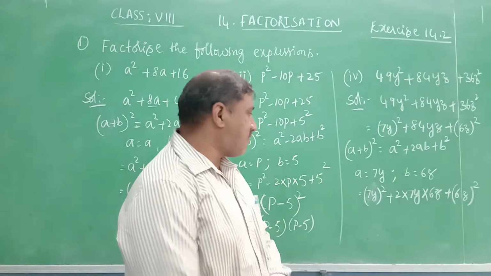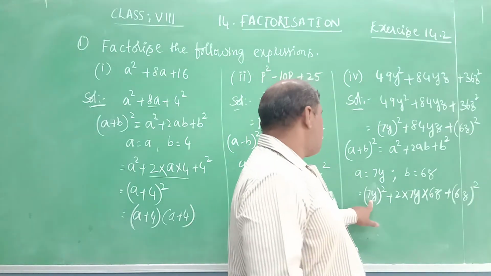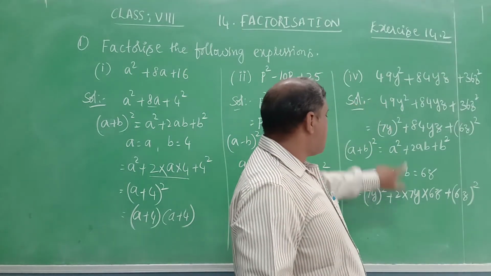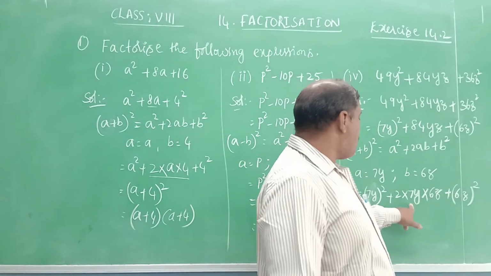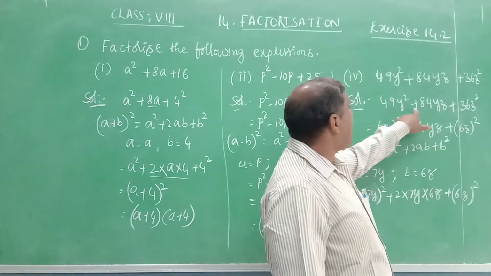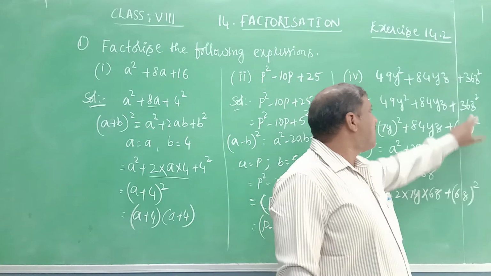(7y) whole square means 7 square into y square, 49y square. Then 2 into 7 is 14, 14 into 6 is 84, y into z is yz, 84yz. (6z) whole square, 6 square is 36z square.